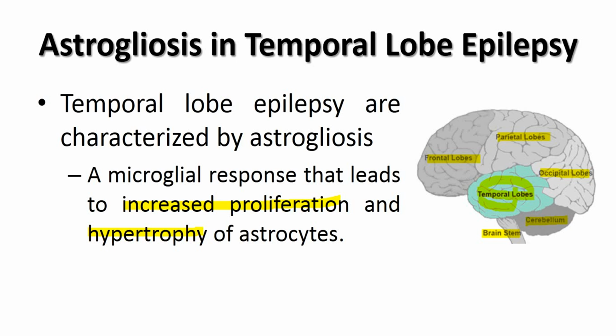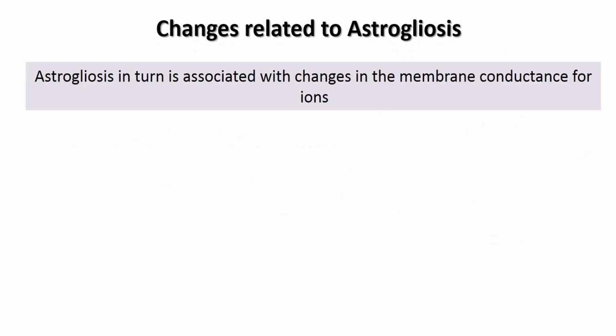Now, in a flow chart fashion, I have covered astrogliosis so that it becomes easy for my students to understand. What are the changes related to astrogliosis? Astrogliosis is in turn associated with changes in membrane conductance, that is, how the electrical impulses of the brain are conducted, and this affects the membrane conductance for ions.